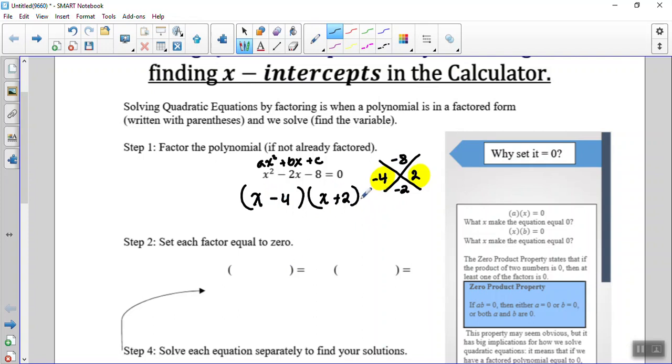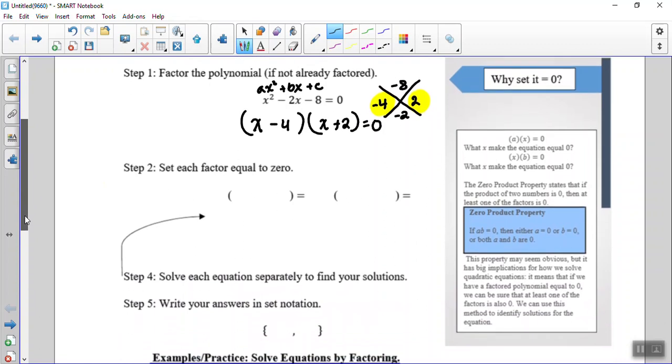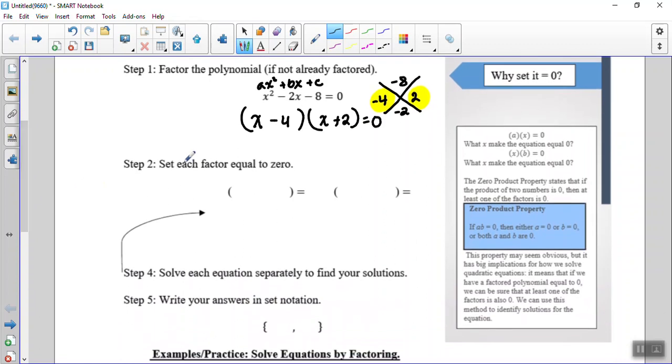Now it's factored. Now I'm going to set this factor equal to 0, and then set each factor equal to 0. So now I'm going to break up the factors. I'm going to say x minus 4 equals 0, comma, and then x plus 2 equals 0. So this will help me find both of my solutions.